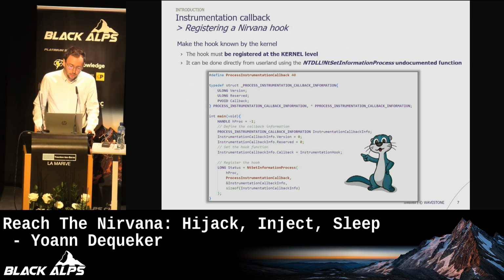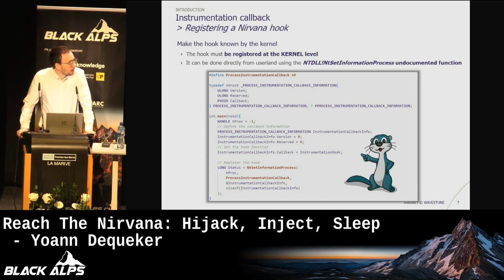Once you have called this function, the Nirvana hook is registered in the process, and every time the process performs a syscall, the specific code that is created here, the instrumentation hook, will be called. So that's it. It's just a few lines of code to register your Nirvana hook.